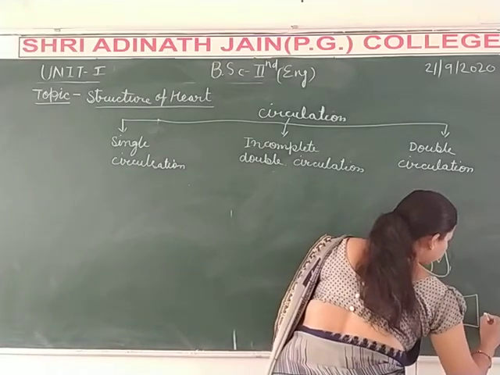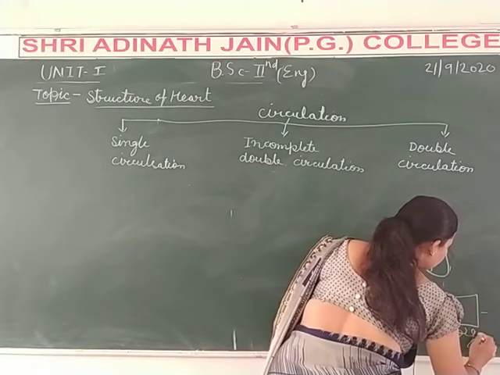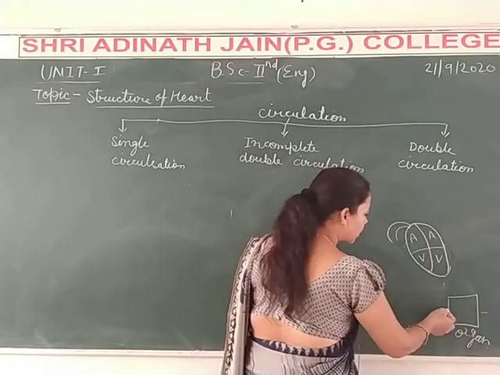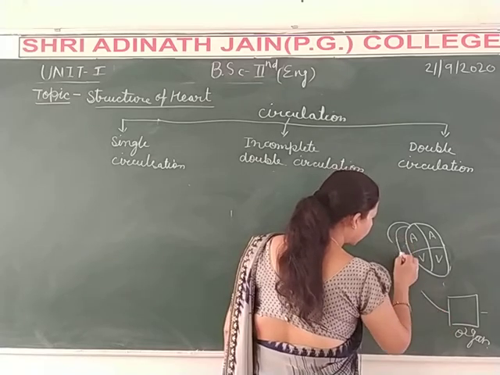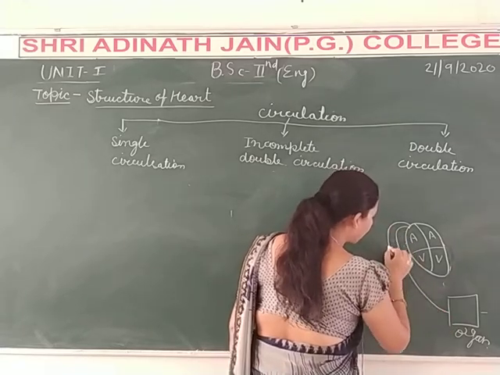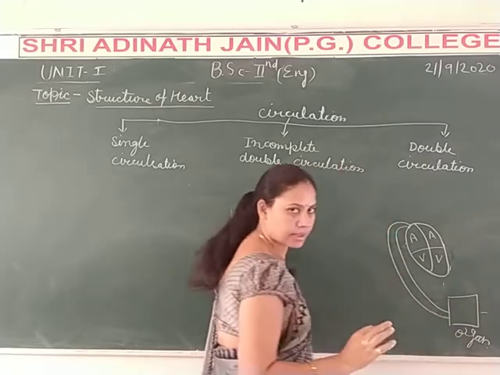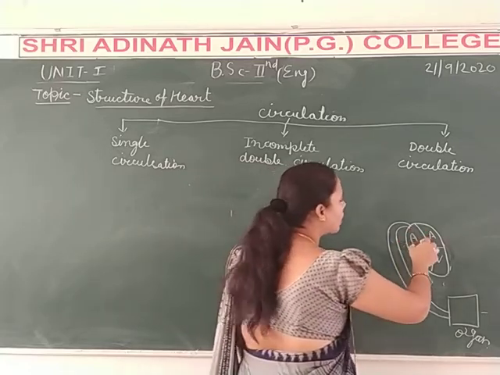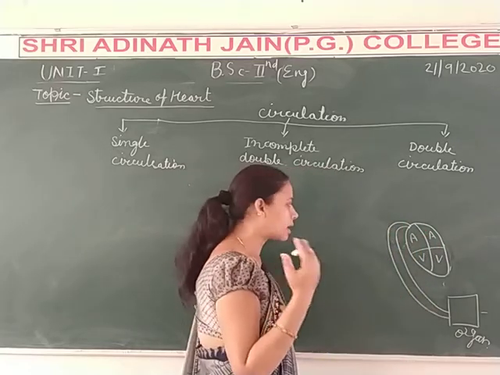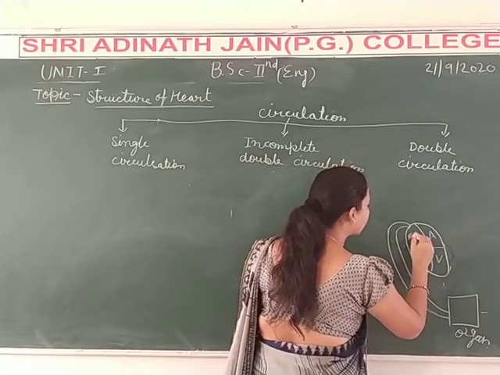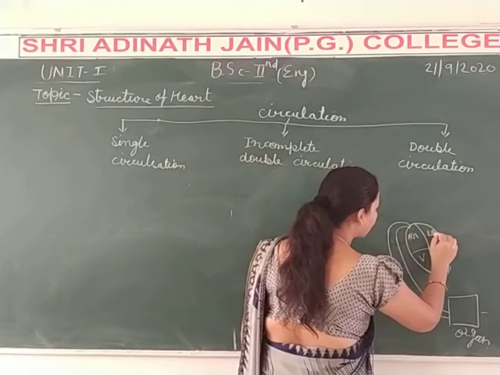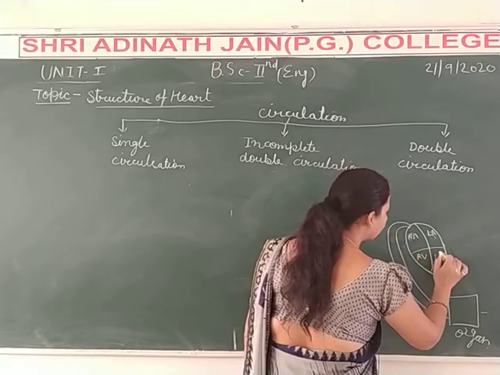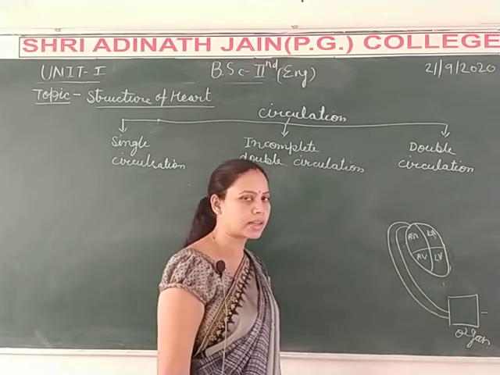The deoxygenated blood from all the organs is collected and enters into the right auricle. We can say it is a right auricle and it is a left auricle. This is a right ventricle and this is the left ventricle. 4 chambers are there.